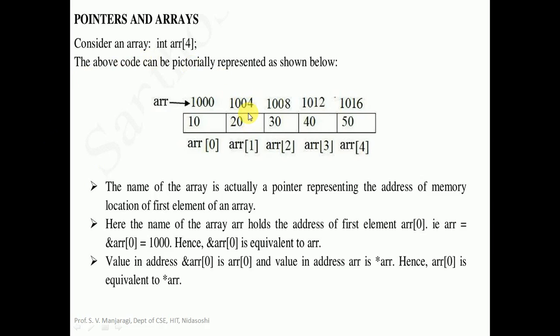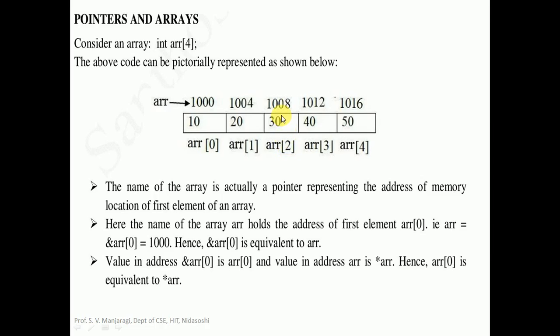And what will be the address of the array's third element? We can take it as base address plus array index into size of the data type. What is the array index for the third element? The array index will be 2 here.